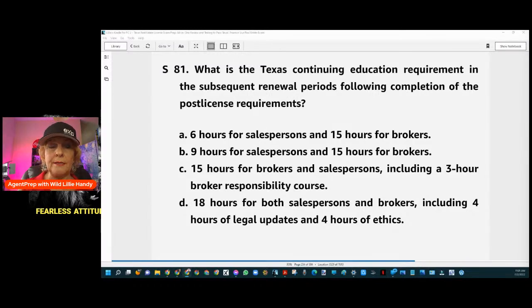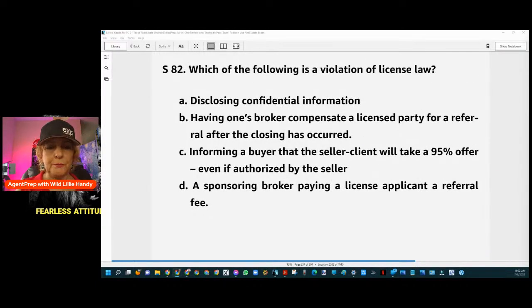So 81 is D, 18 hours for both salespersons and brokers, including 4 hours of legal update 1 and 4 hours of legal update 2, and then every other year 4 hours of ethics. So that was 81D. All right. Number 82.